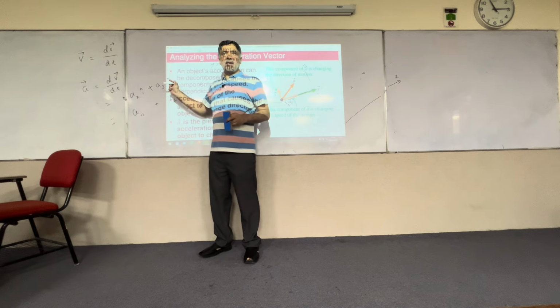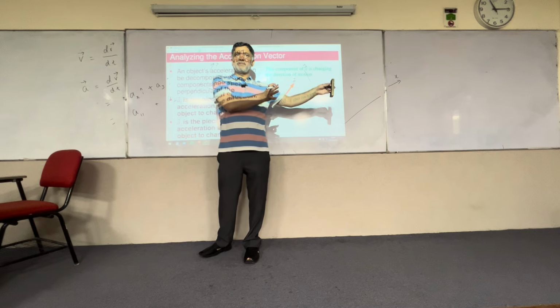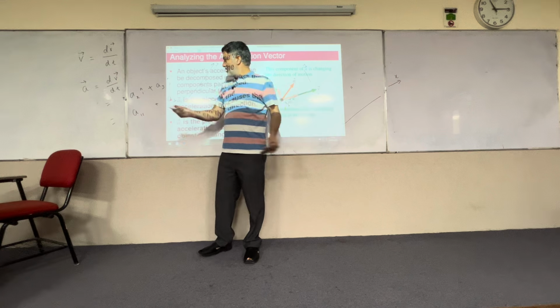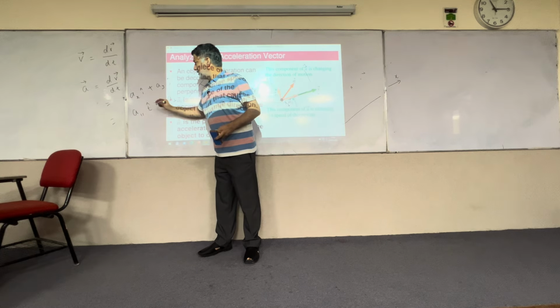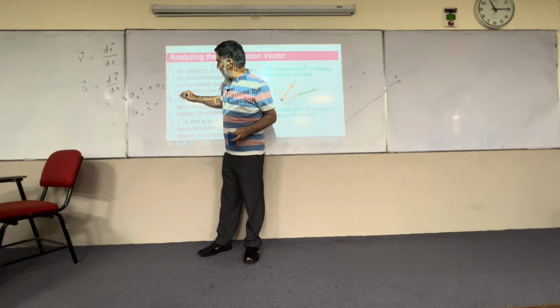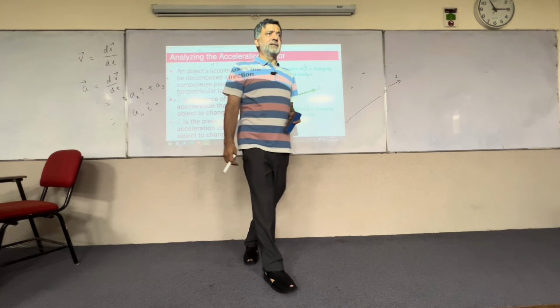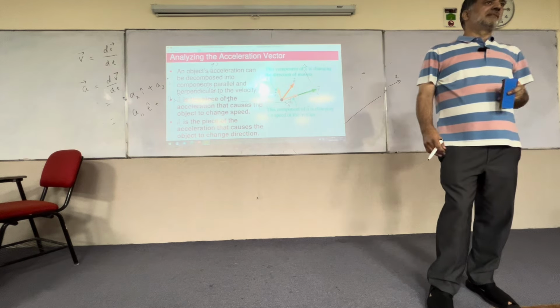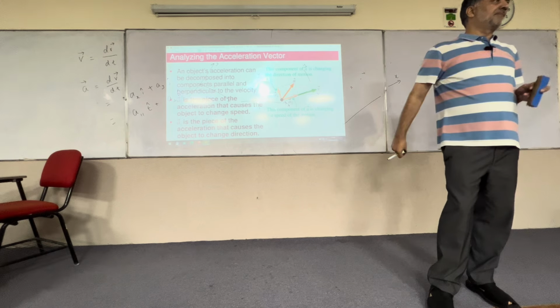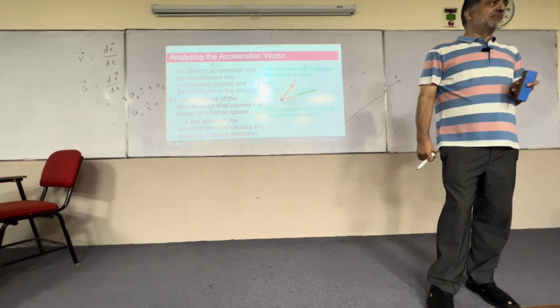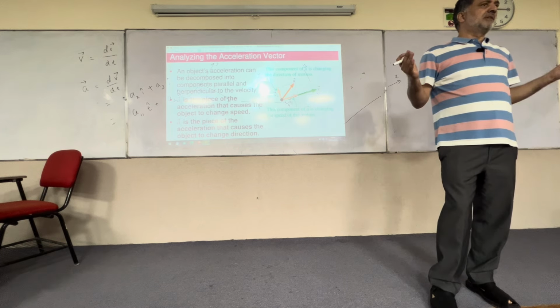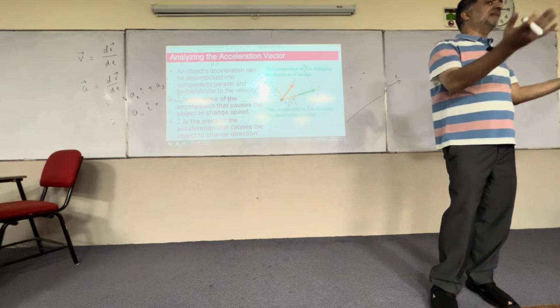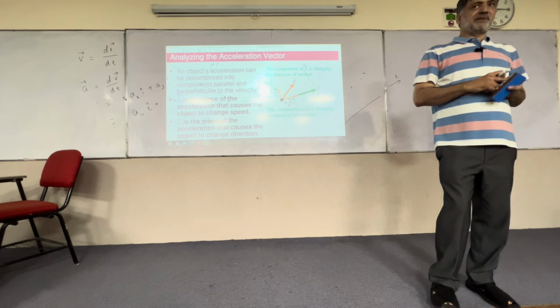I cannot use i and j because i and j are now fixed for the traditional way. So I can use t and n, tangential unit vector and normal unit vector. You will always need a unit vector, because without the unit vector you can't have a complete description of the direction. ये बात समझ आ गई?